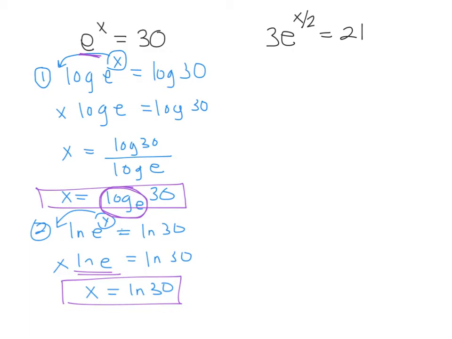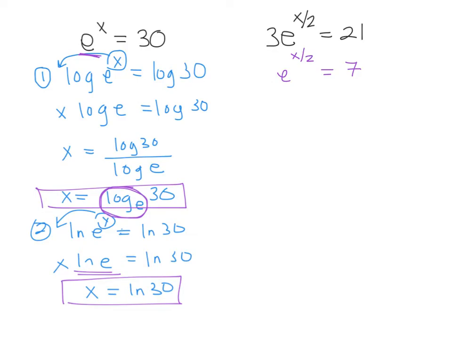Let's look at the second problem. We have 3 times e to the x over 2 is equal to 21. Let's divide by 3 on both sides. So we have e raised to the x over 2 is equal to 7. Take the ln, because we're dealing with the number e again, on both sides.